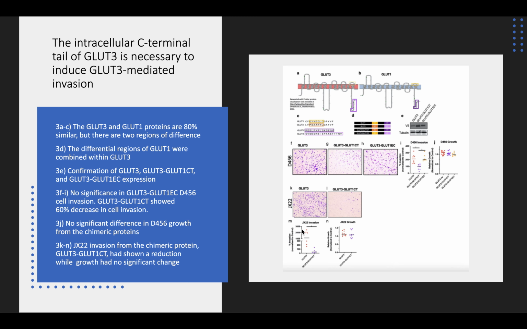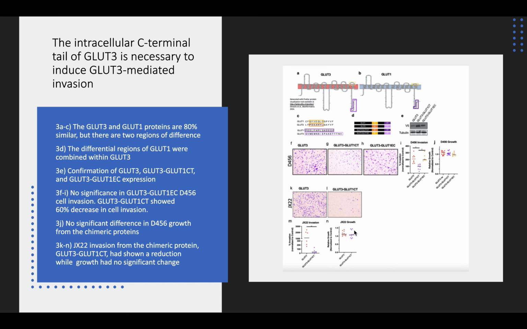In figure 3M, as it relates to JX22 invasion, the y-axis represents percent invasion normalized to control, and the x-axis represents GLUT3 and GLUT3-GLUT1CT.